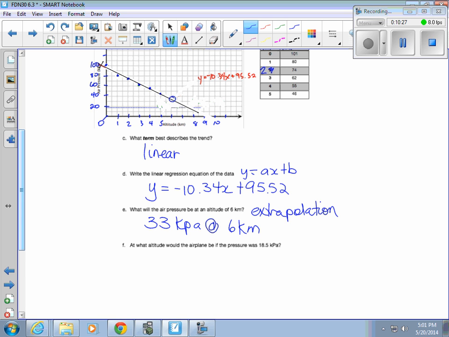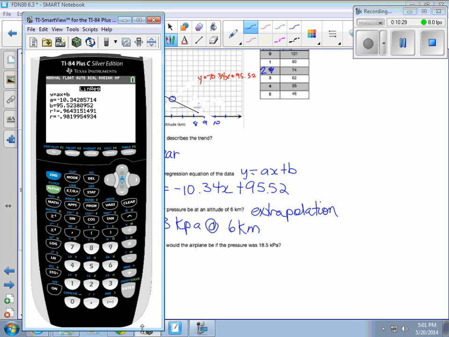On your calculator, if you wanted to graph this, you could put in those values. Y is equal to negative 10.34x plus 95.52. Oh, what didn't it like?